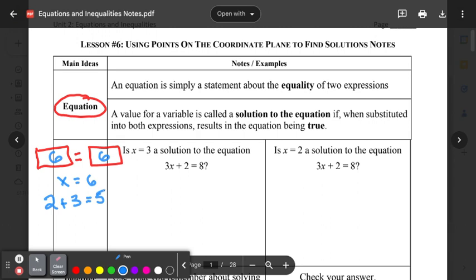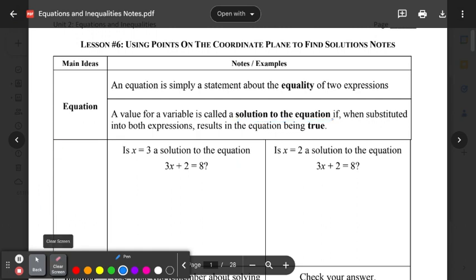Now, a solution is if you substitute something into both sides of the equation, it will be true. So let me do an example for this. So if I have an equation, x plus 2 equals 5.